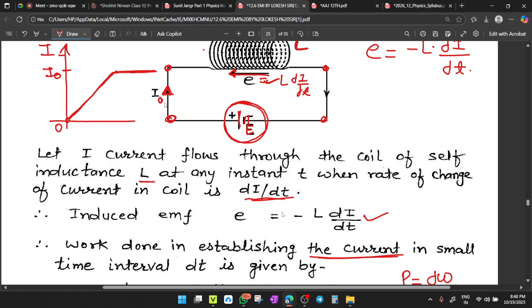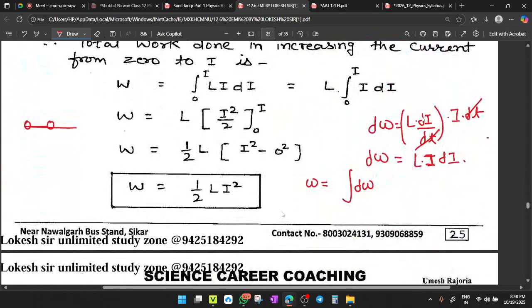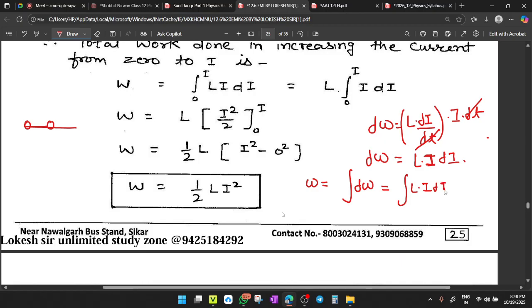When there is continuous work, there will be integration, and when you are doing discrete work, there will be summation. That is the difference between summation and integration. Now place the value of dW, equal to L I di.